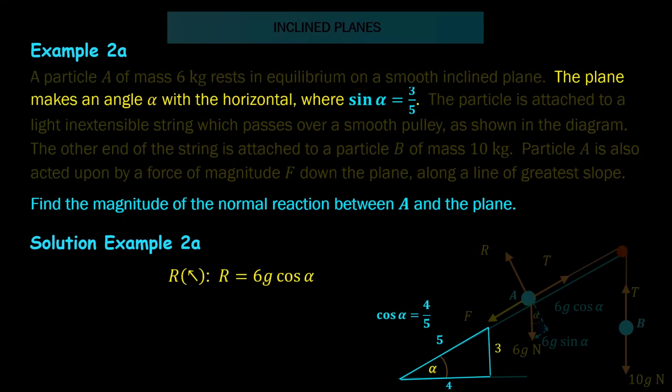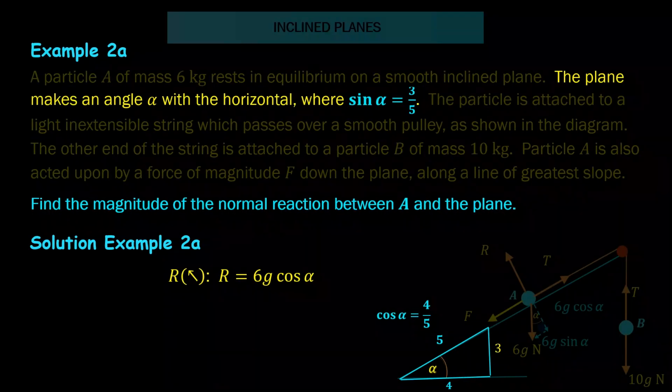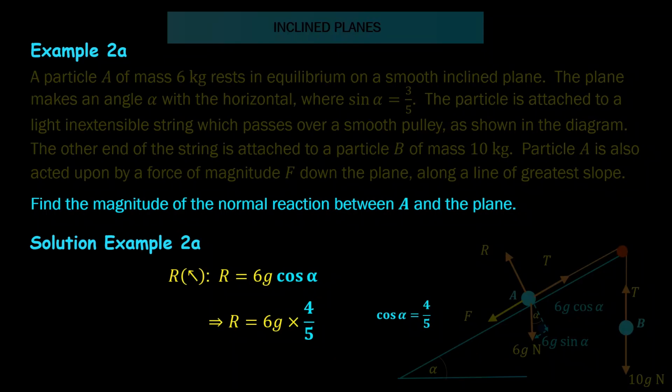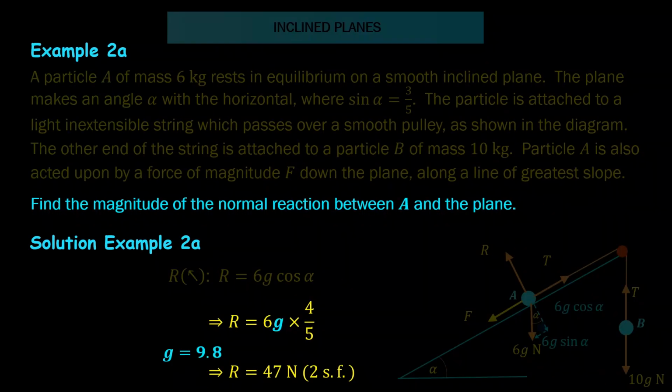So cos alpha equals 4/5. And we can plug that into our equation as shown. And letting g equal 9.8 gives us that R equals 47 newtons to two significant figures.